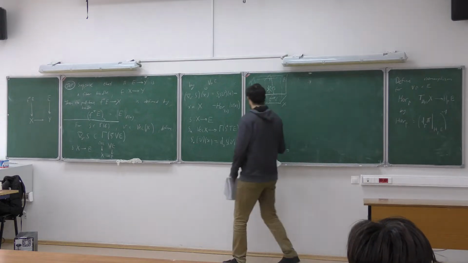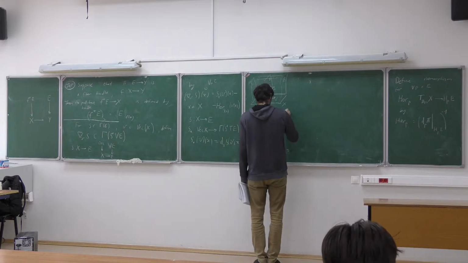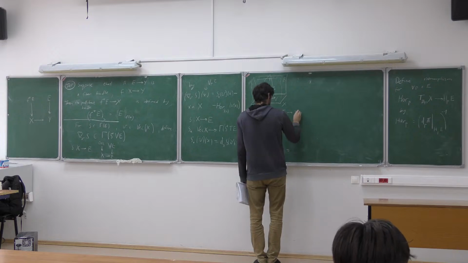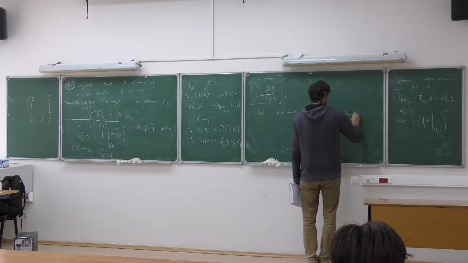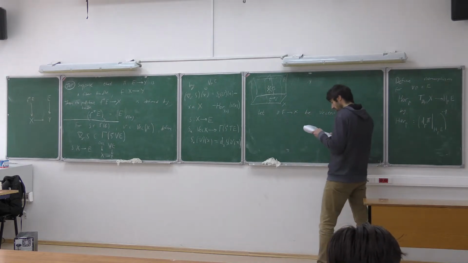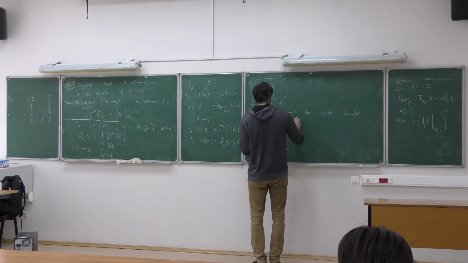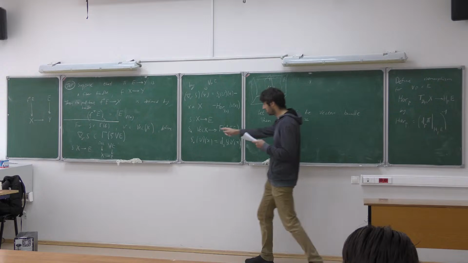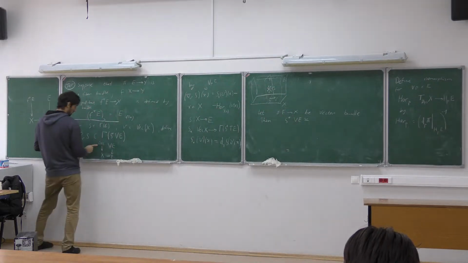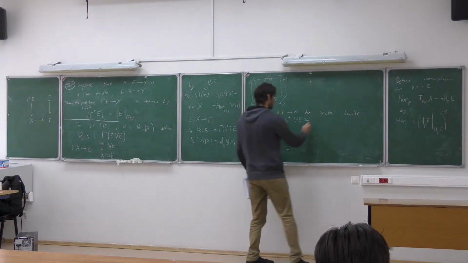So let E over X be a vector bundle now. Then I claim that S star VE, which is again a vector bundle over X, is isomorphic to E.